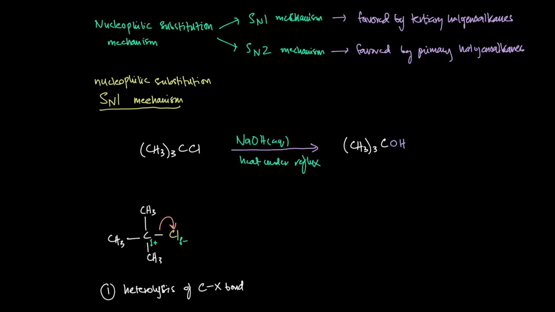And again, if you remember, what is heterolysis? Both the electrons in the bond go to the chlorine atom. After heterolysis takes place, what you end up making is a tertiary carbocation intermediate. So after heterolysis of the carbon-chlorine bond, you form Cl minus and this carbocation intermediate.